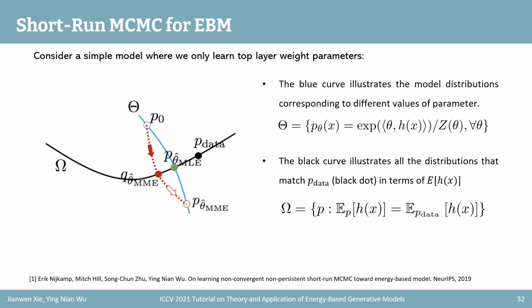Even if the learned P of theta may be biased from MLE, the resulting short-run MCMC is considered a valid model in that it matches the data distribution in terms of expectation of h(x).